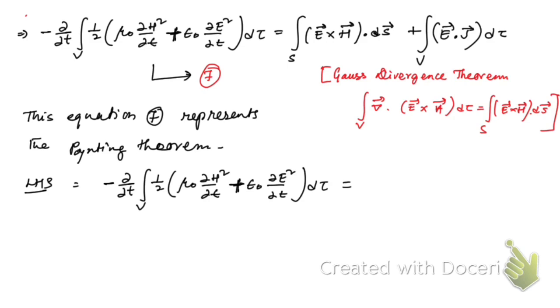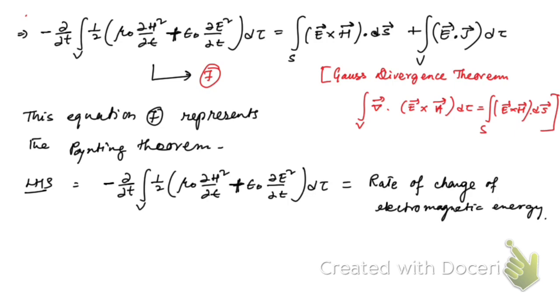This is nothing but the decrease of electromagnetic energy per unit time, or the rate of change of electromagnetic energy.